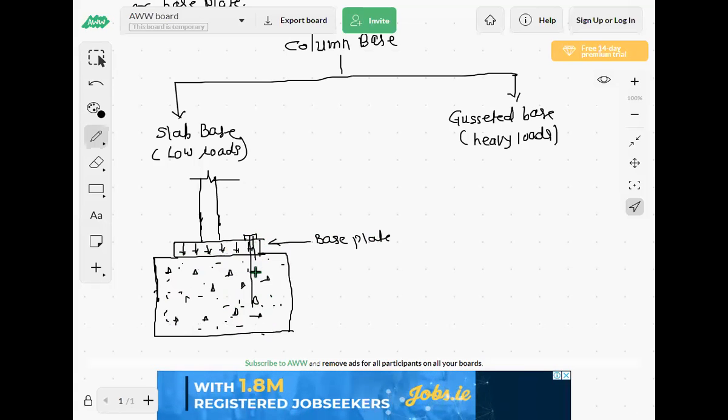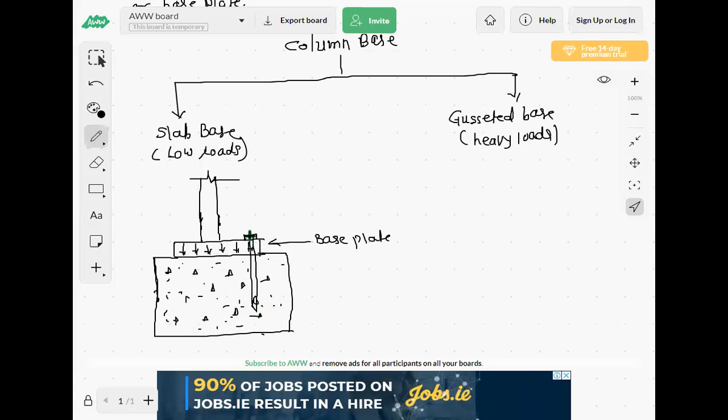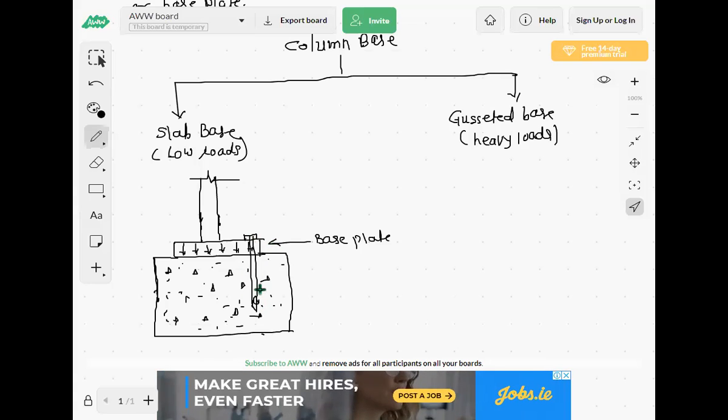The base plate is connected to the concrete pedestal through these anchor bolts.